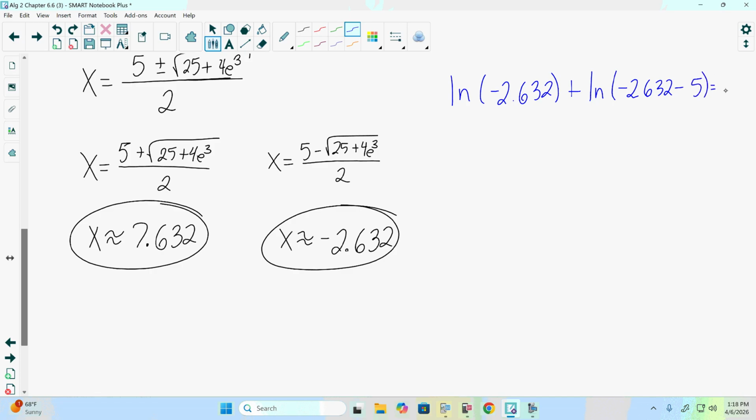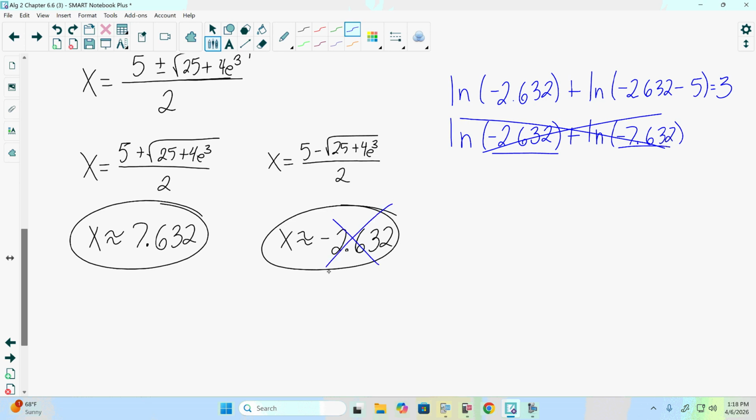I don't know why, but during the first hour I wrote plus instead of minus. Didn't change anything. If we simplify, we get the natural log of negative 2.632 plus the natural log of negative 7.632. I can't take the natural log of a negative number, so we throw it out.